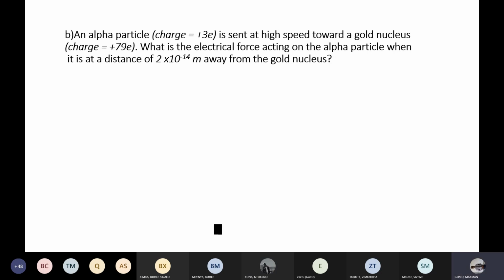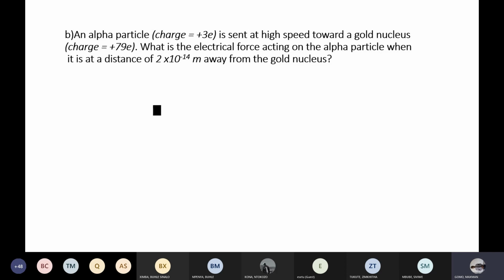Question B is saying an alpha particle which has got a charge of plus 3 electrons is sent at a high speed toward a gold nucleus with a charge of plus 79 electrons. What is the electrical force acting on the alpha particle when it is at a distance of 2 times 10 to the power negative 14 meters away from the gold nucleus?